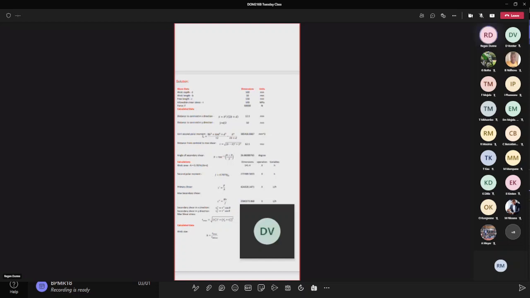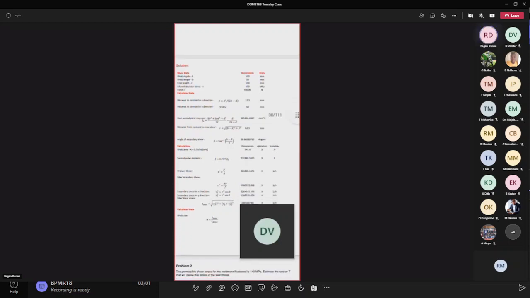All right, so we calculate J, and we can calculate R, remember, which is the distance from the centroid to the furthest stress point of the weld. And we can calculate the angle, theta, which is the angle at which the secondary shear stress acts.